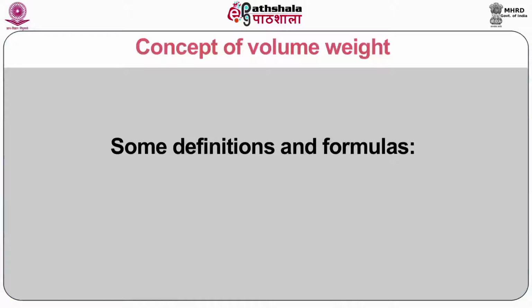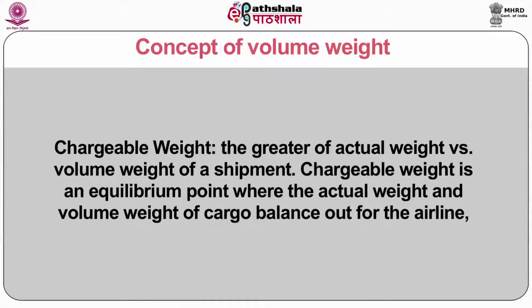Some definitions and formulas are: chargeable weight, that is the greater of actual weight versus volume weight of a shipment. Chargeable weight is an equilibrium point where the actual weight and volume weight of cargo balance out for the airline.